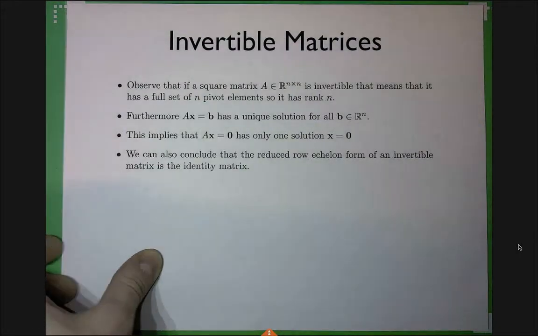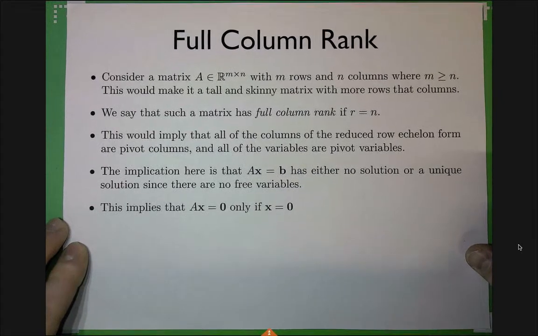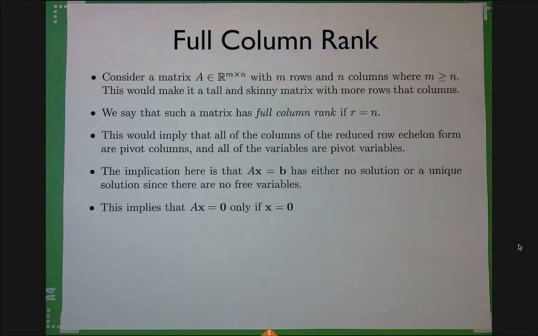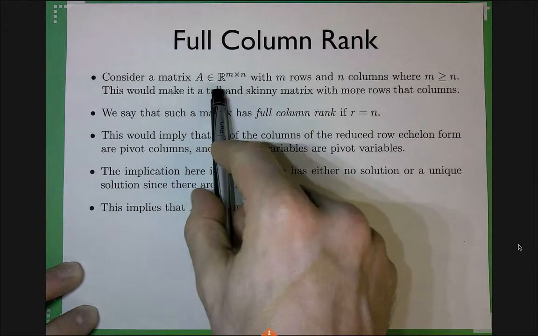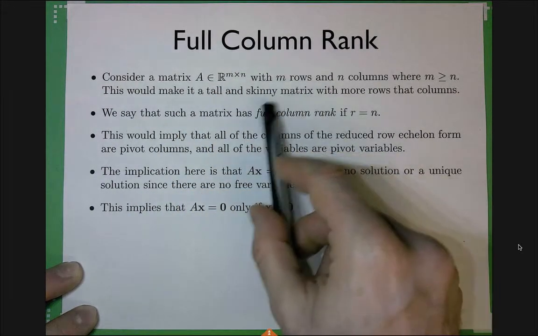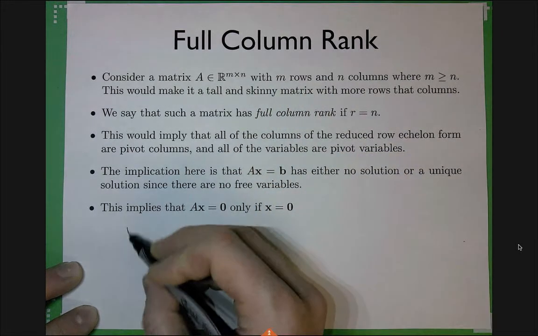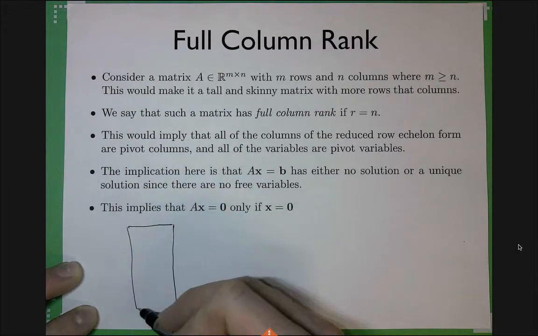Now there are two special cases which are worth discussing explicitly. Let's look at the full column rank case. Here on the slide we'll be talking about matrices which have more rows than columns.